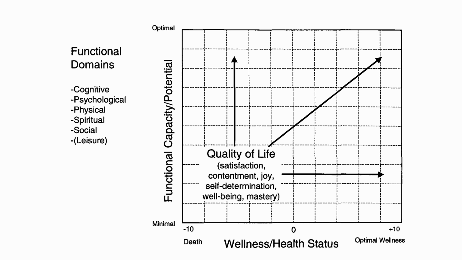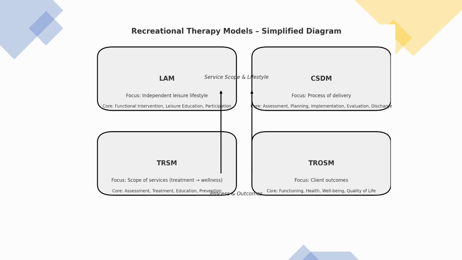And this last slide is a little model I made comparing them so that you can see how the different models connect, intersect, and differ. We have the Leisure Ability Model, and then all of our other models here. We're going to see how the focus has changed.